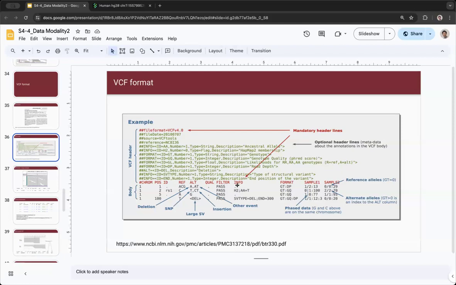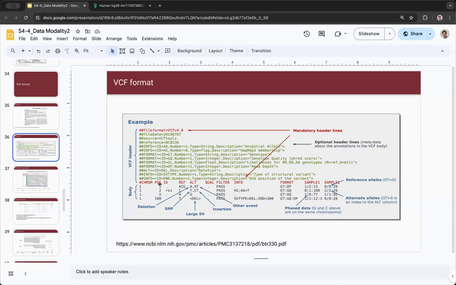And you have the info column. I'll explain it later, but briefly, info is the variant-level information, describing the variant matching each line. The format column is sort of the same kind of meta information as in the info column, but it belongs to the genotype, and the genotype is from each sample.